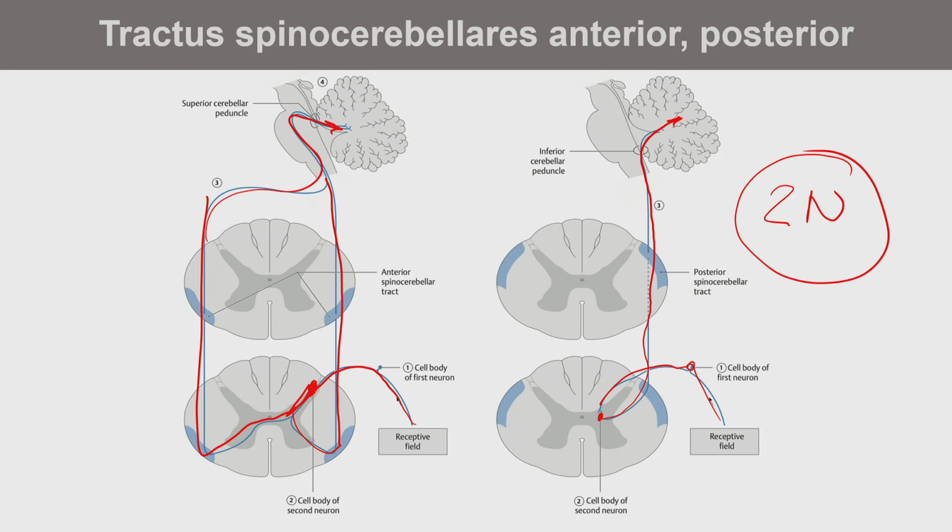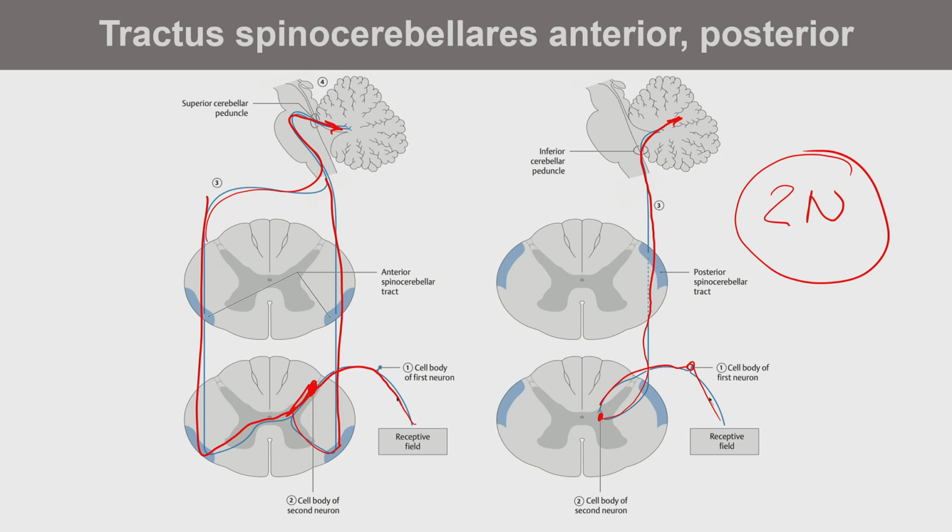This is information again about the position of the muscles, tension of the muscles, but it is led to the cerebellum to be coordinated with the information of a plan of motion, which is made in the brain, and coordinated with the information about balance.